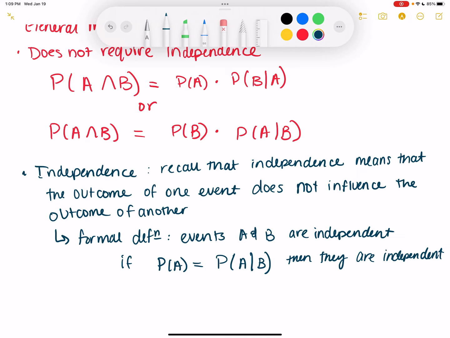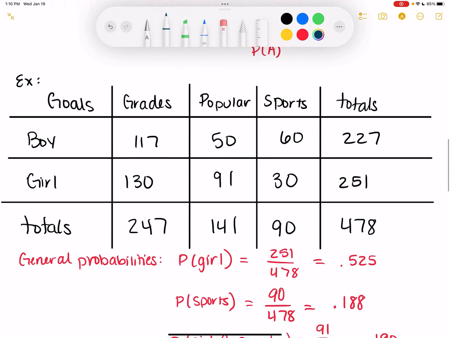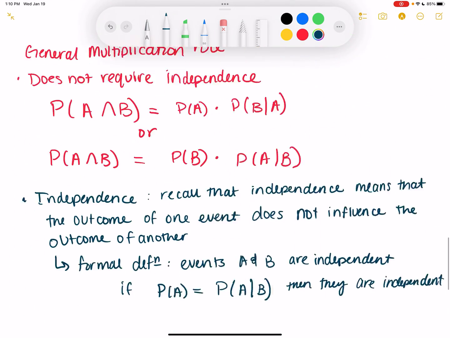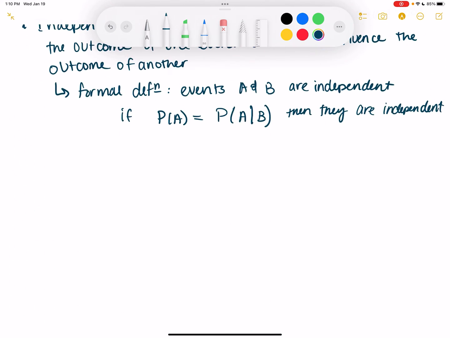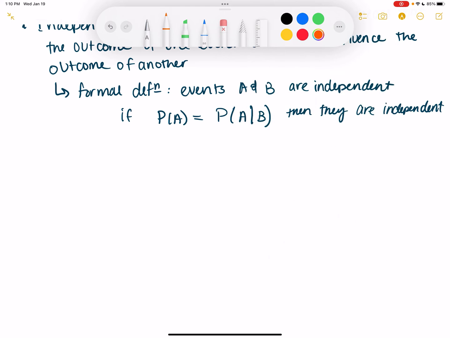So we'll look at an example of this, just a couple different things. We'll still use the chart from up here, so I'll have to keep scrolling back to it to prove independence or not independence, as the case may be. We'll look at two of those. So, a couple examples of this.